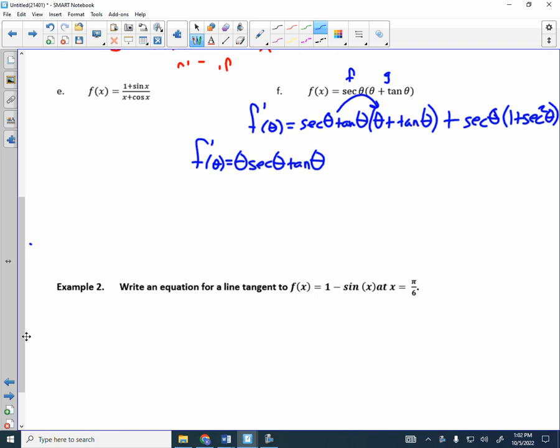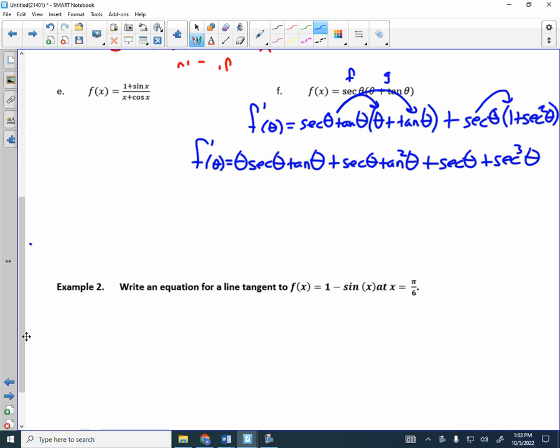Yep, exactly. And then I take it times this, and I will get plus a secant of theta times tangent of theta squared. Is everybody okay with that? Plus, then I'm going to distribute that, and I get secant of theta plus secant cubed of theta. Good.